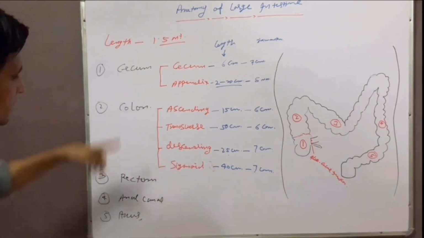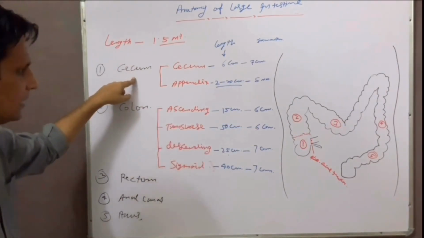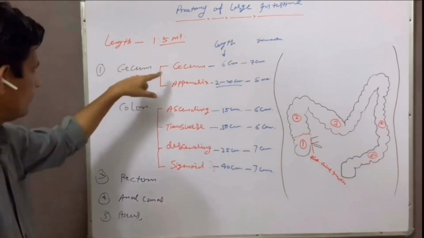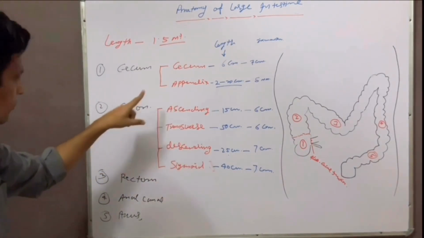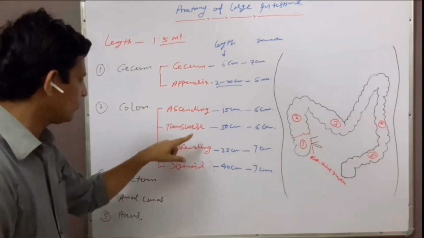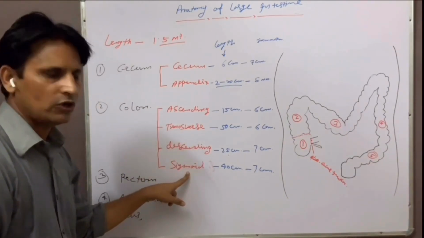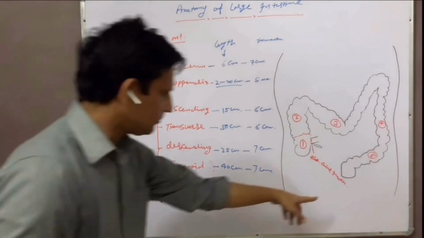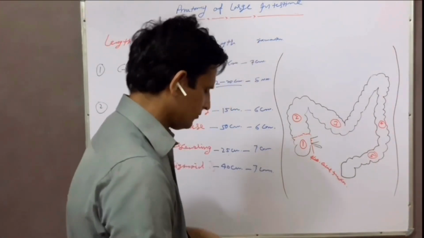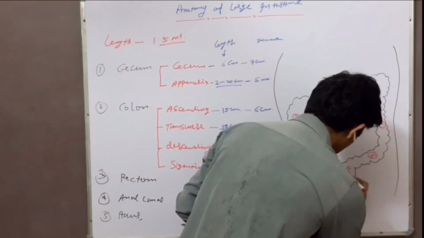So the basic parts of this large intestine are the cecum, which includes cecum and appendix both. The colon, which includes 4 parts: one is the ascending colon, one is the transverse colon, one is the descending colon, and the last one is the sigmoid colon. And the third part is the rectum, marked with 6.